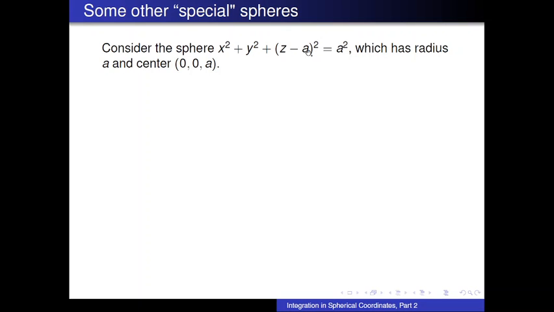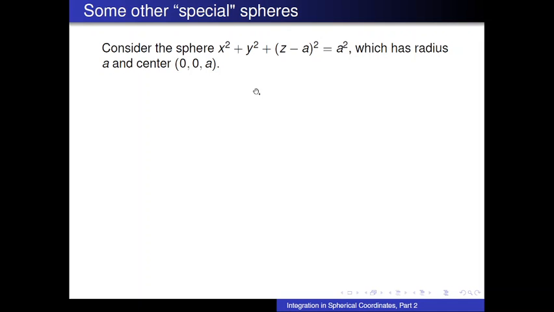In particular, pick your favorite number a, and let x squared plus y squared plus (z minus a) all squared equals a squared be the sphere of radius a whose center is (0, 0, a).